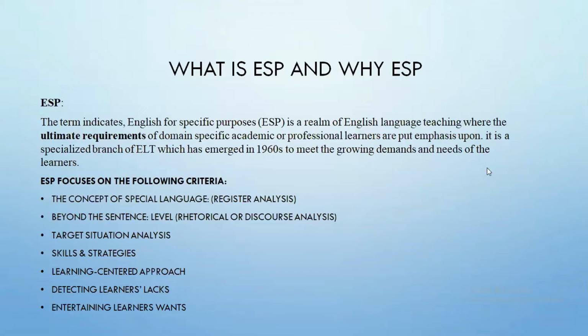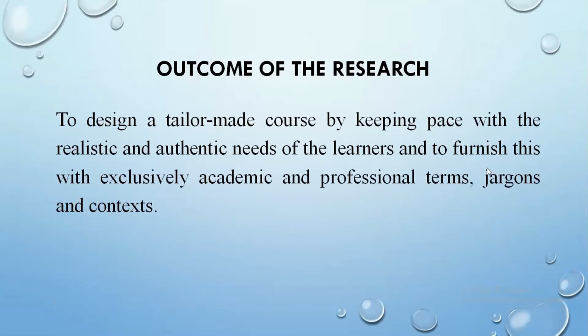ESP focuses on the concept of a special language, that means register analysis; number 2, rhetoric or discourse analysis; target situation analysis; skills and strategies; learning-centered approach; detecting learners' lacks; and entertaining learners' wants. The outcome of the research is to design a tailor-made course by keeping pace with the realistic and authentic needs of the learners and to furnish this with exclusively academic and professional terms, jargons, and contexts.